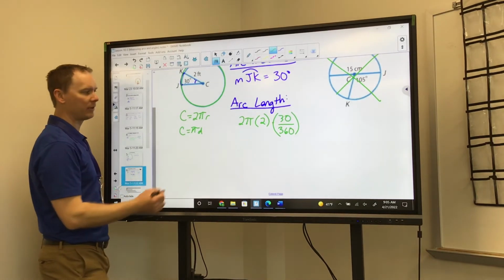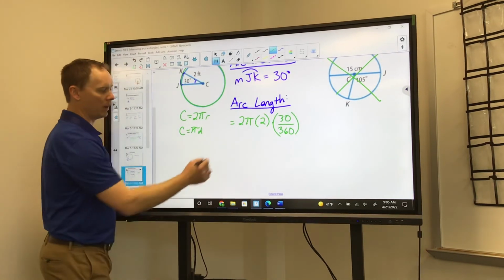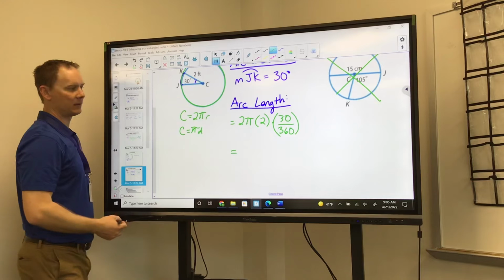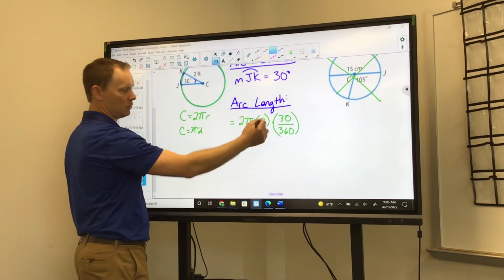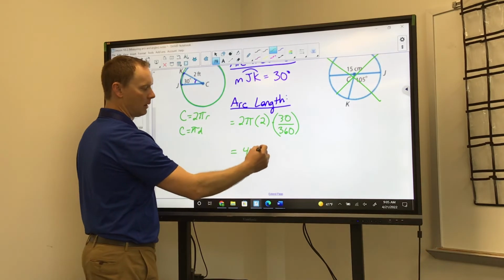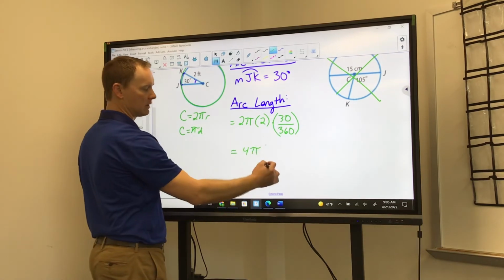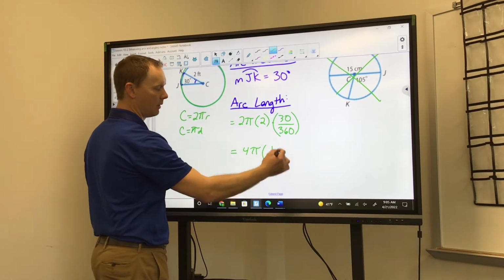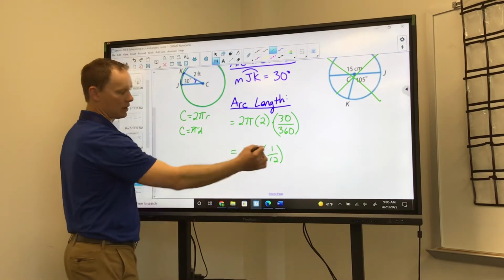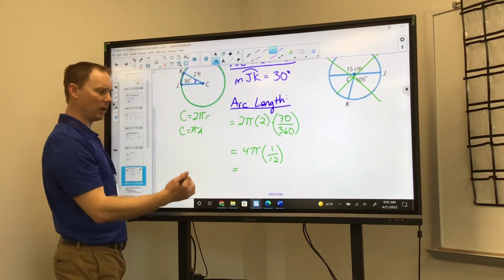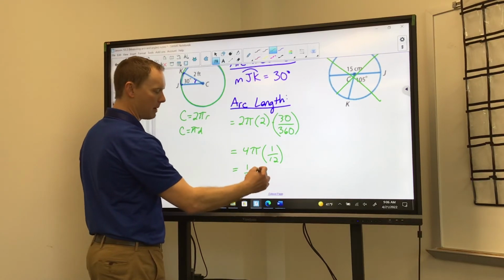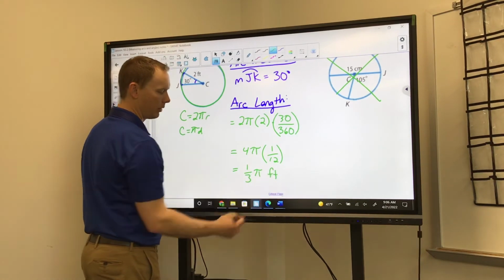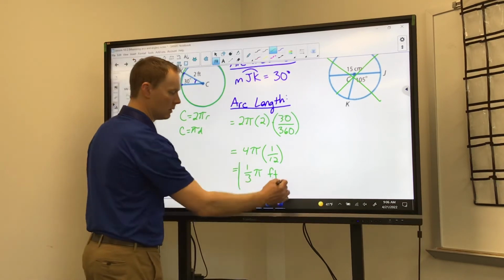And then from here, class, it depends on what form the question's asking for. I'm just going to show you an exact form here. I could multiply the 2 and the 2 to get 4. Keep the pi. 30 over 360 is 1/12. And then I could take 4 times 1/12, which is 4/12, or 1/3. And I could bring the pi along. 1/3 pi feet. Okay?